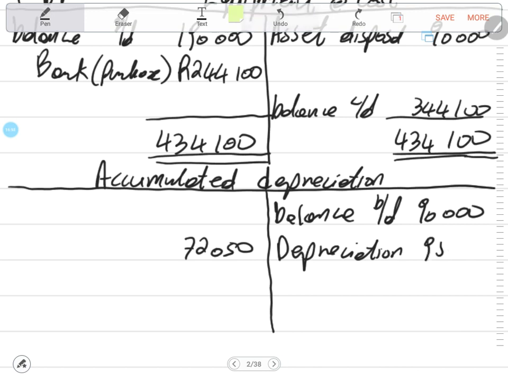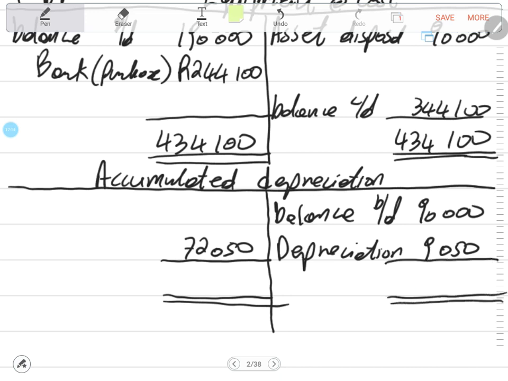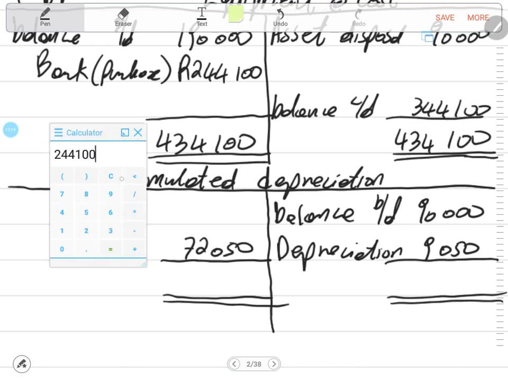I think it was 9,050. So accumulated depreciation is the depreciation that has been accumulated over the years of the useful life of the asset. Every time we calculate depreciation, we add it to the account called accumulated depreciation.